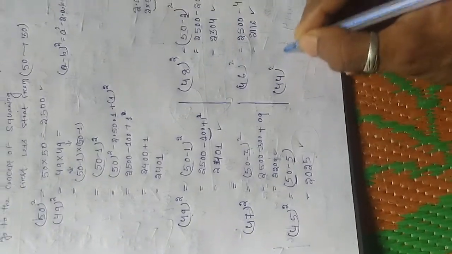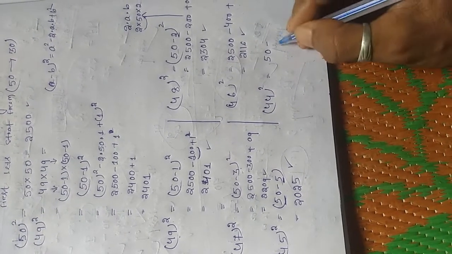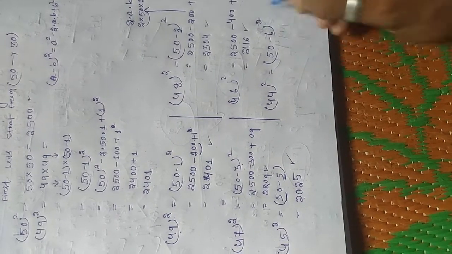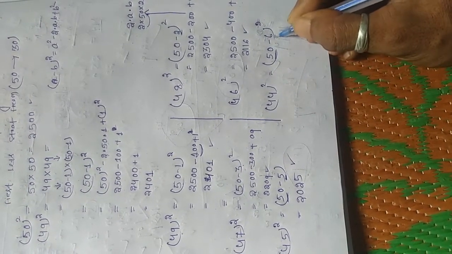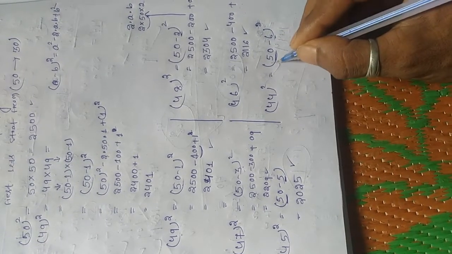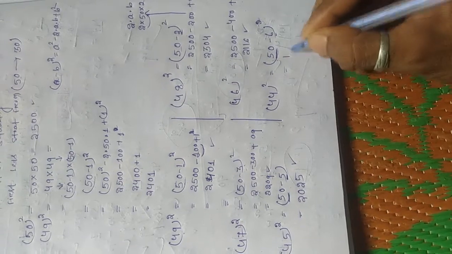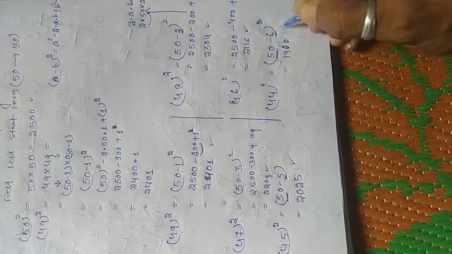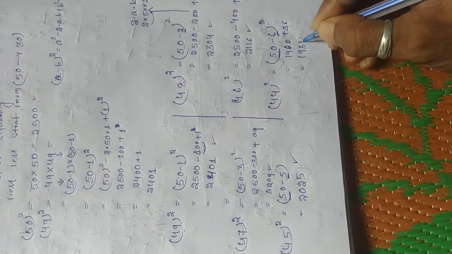Let's begin 44. You know 44 is equal to 50 minus 6. Then what do we have to do? 50 square means 2500 minus 6 means 600. 2500 minus 600 is 1900, plus 6 square is 36. So 1936.